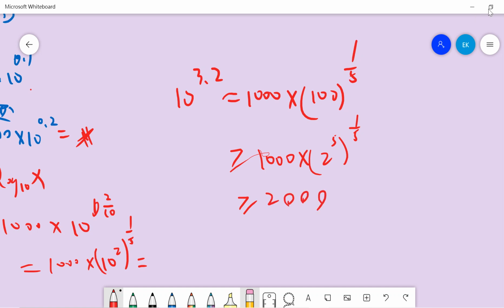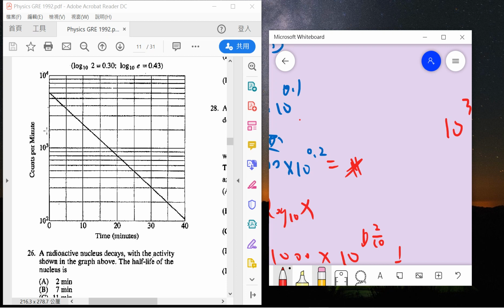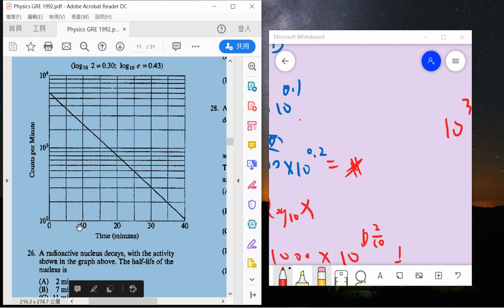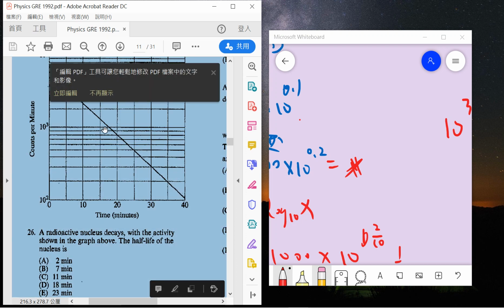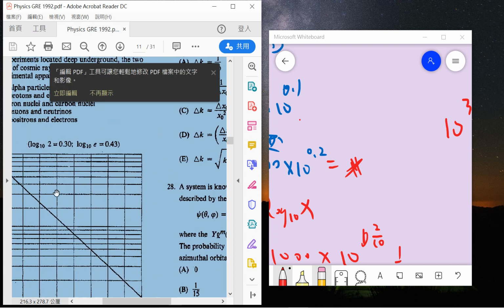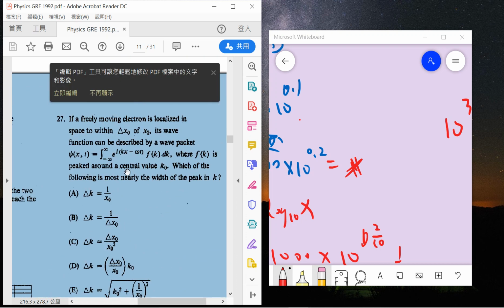So that means this is between 3.1 and 3.2, in the middle. So it should probably be 7 to 10 minutes. So which one is the half-life? You already get the answer: 7 minutes. We just need to estimate a lower bound of 10 to the 3.2.